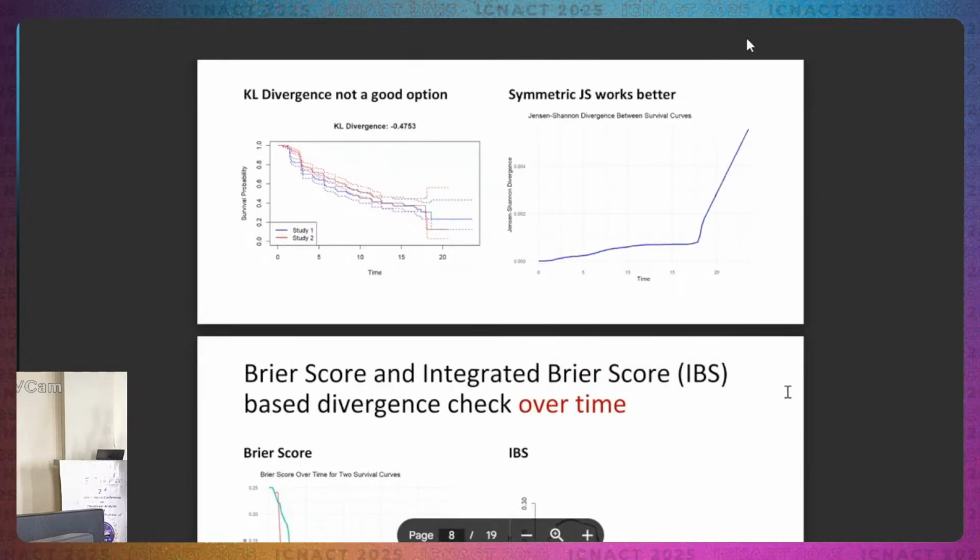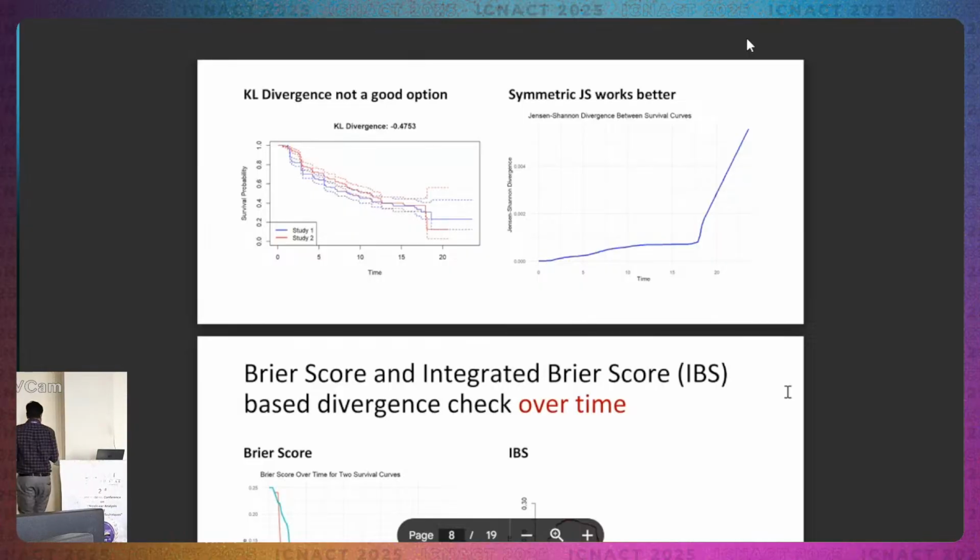So we checked the KL divergence, but you see the result is negative, which means that it didn't work because the normalization did not add up to 1. Jensen-Shannon did better, but both of them do not take care of censoring.